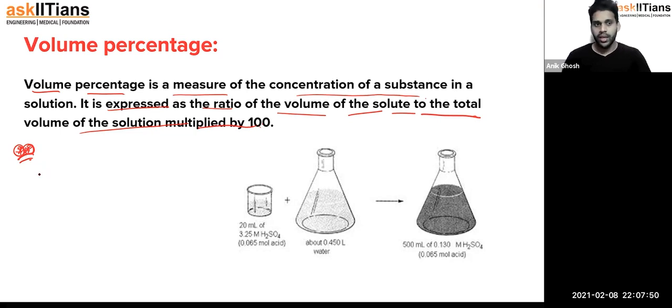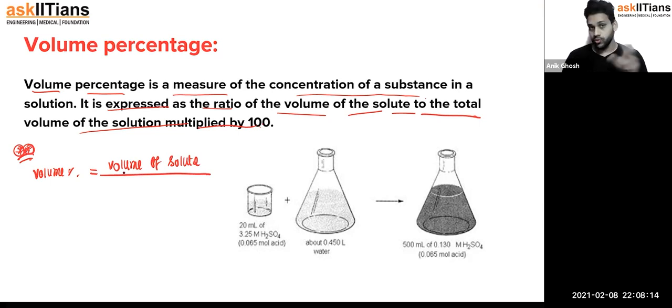In volume percentage, what happens is the volume of solute by the total volume of solution.